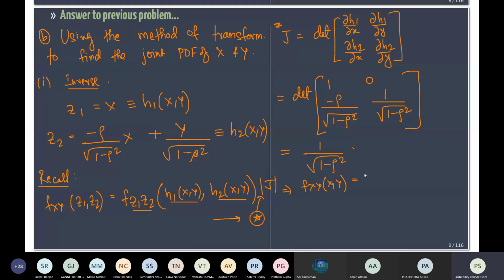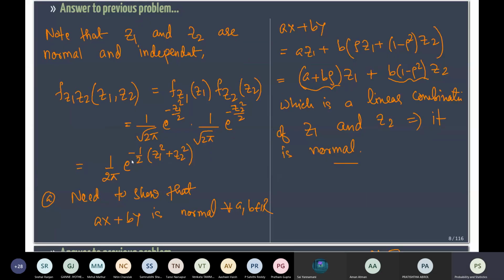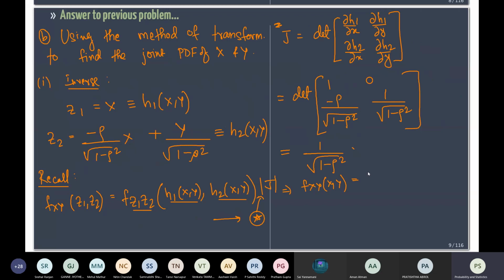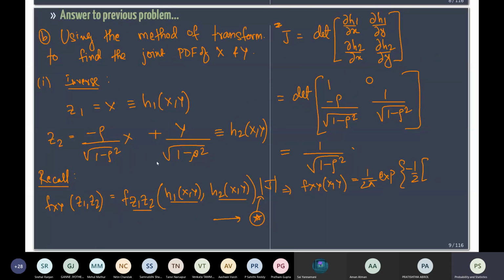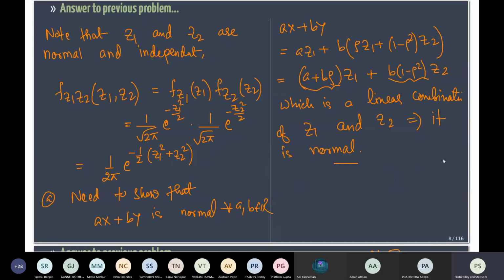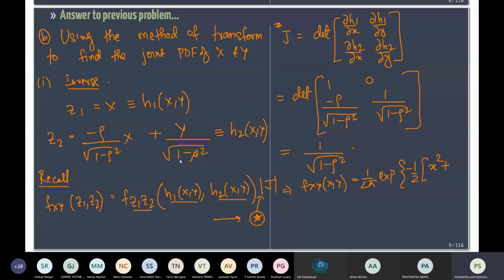1 by 2 pi exp minus half, and then inside we have z1 square, which is just x square, plus z2 square.